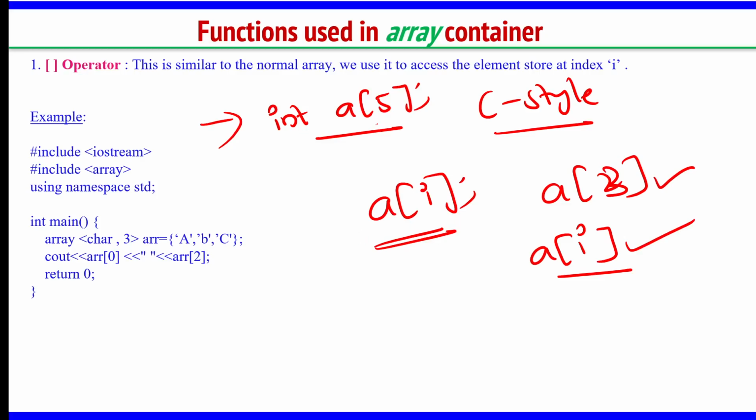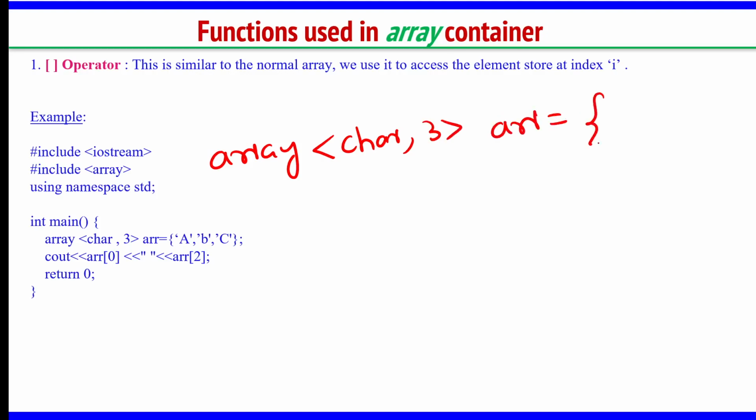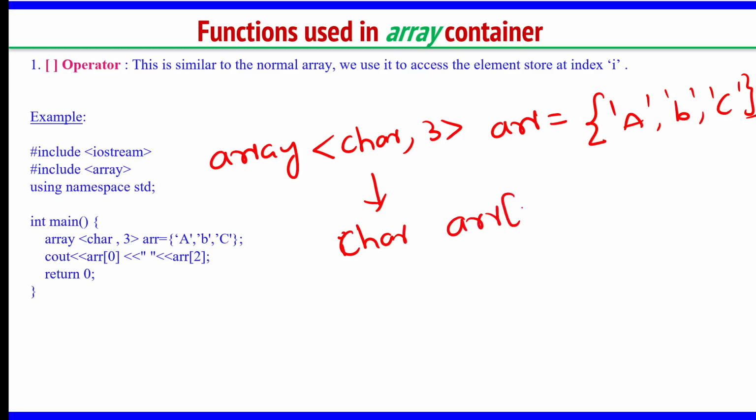Same thing can be used here also for this STL array. See the example here: array, I am giving a character array of 3 elements and the variable name is arr, equal to, I am giving values a, b and c like this. This is the same as creating a character array, char arr of 3 equal to like this.